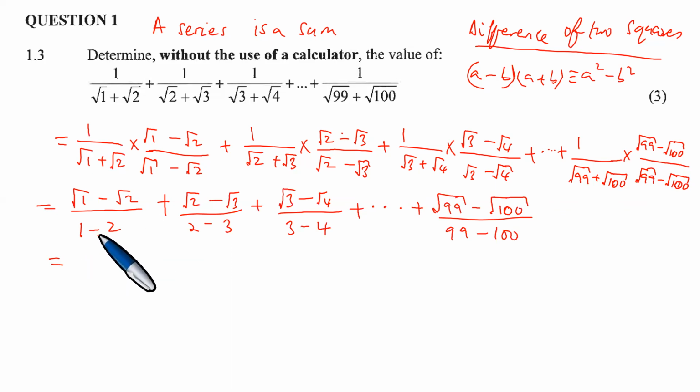If you divide this by minus 1, it's going to make the square root of 1 negative. But if you divide by minus 1, it's going to make this one positive. This is going to make this one negative, and this is going to make this one positive.